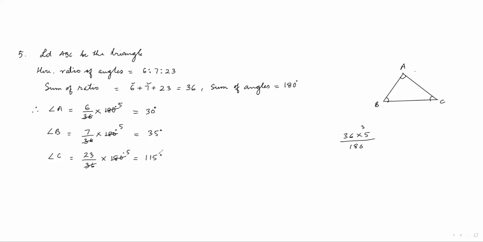So this is how we solve if the ratio is given. There is another way of solving it using x, but that is a bit lengthy, and we haven't learned that method in ratio and proportion, so we'll go like this.